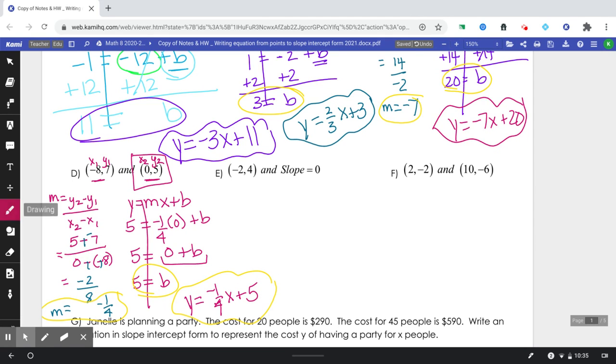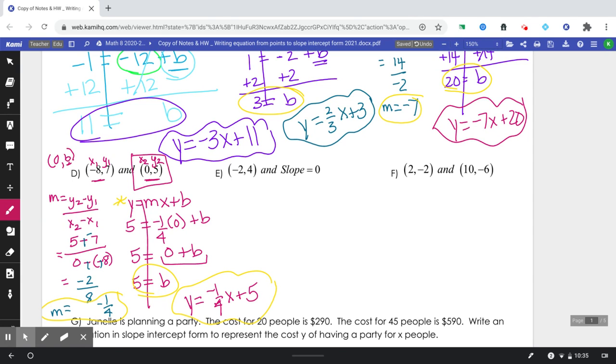I'm going to jump back and look at this one. Some of you may have noticed a shortcut where you could have skipped the work for finding the y-intercept. Remember, your y-intercept is always the point on the line when x is 0, whatever the y value is.